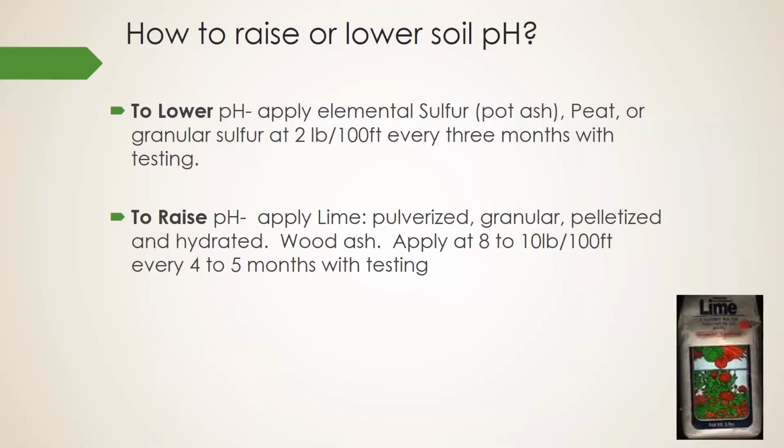Let me revise that. We're looking at raising pH if we're in the acidic range. So if we're in the lower range, say in the 6s, we're looking at applying lime, at 8 to 10 pounds per 100 feet every 4 to 5 months, and doing our testing to gauge where we're at.